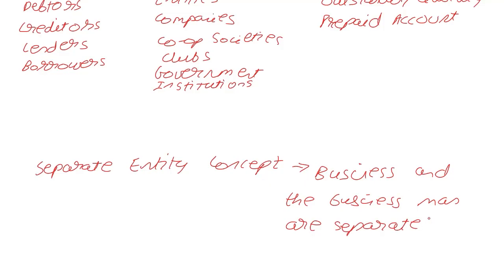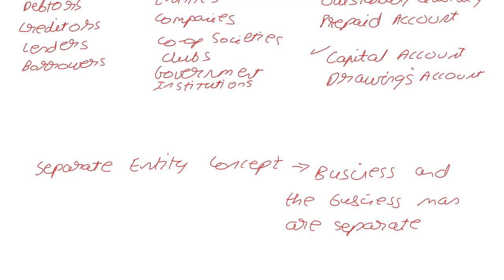That means what the business owner, entrepreneur, partner, shareholder has given the business, invested in the business, for the business it is a liability and will appear in what is called the capital account. If it's a sole proprietorship or a partnership, any money that is taken out will be recorded in what is called the drawings account. So money invested is the capital account. Money withdrawn will be a drawings account.